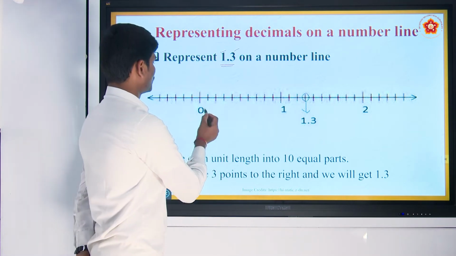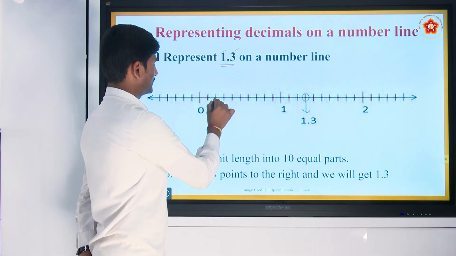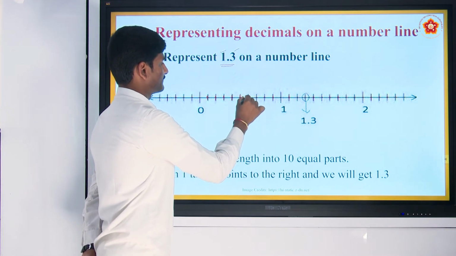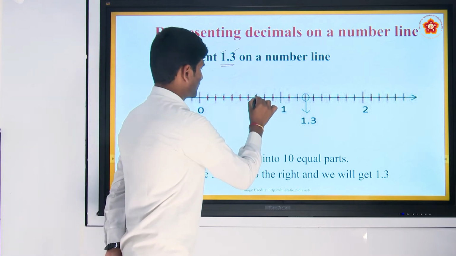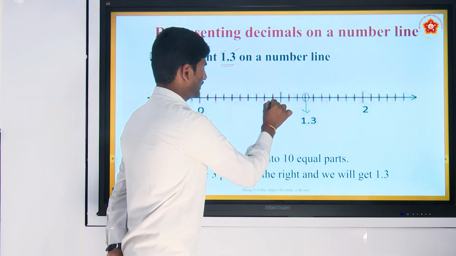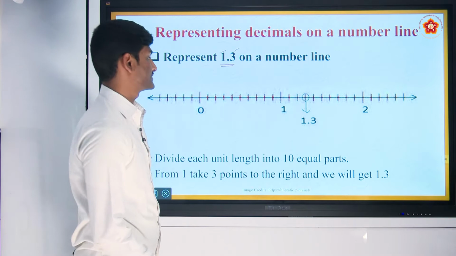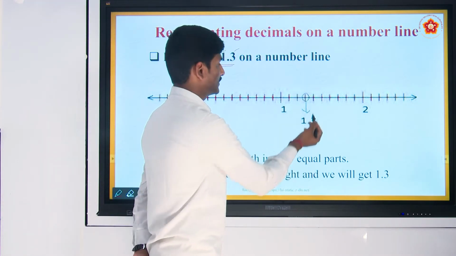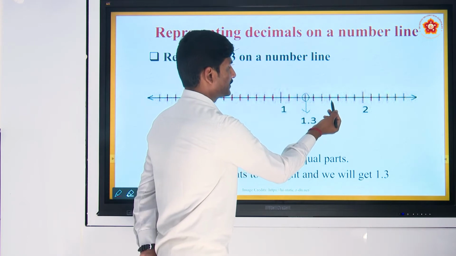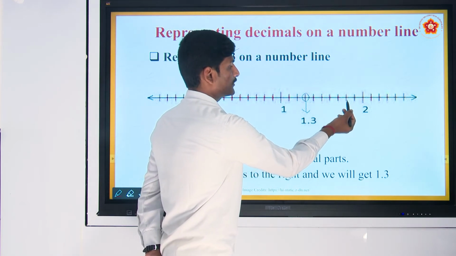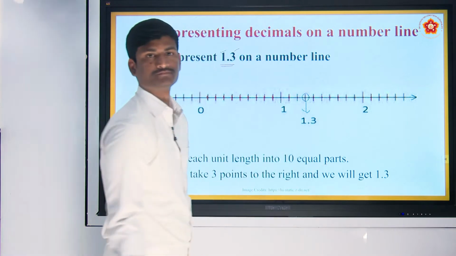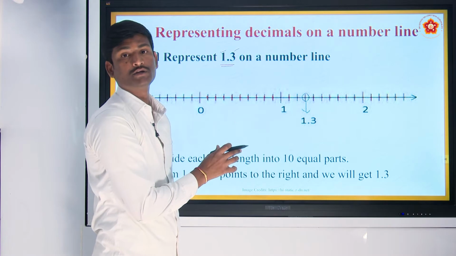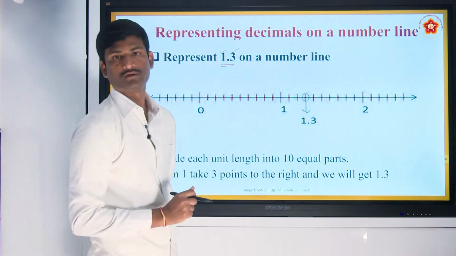Here 0 is 0.1, 0.2, 0.3, 0.4, 0.5, 0.6 and 0.7, 0.8, 0.9, 1. Like that, same as 1.1, 1.2, 1.3 and 1.4, 1.5, 1.6, 1.7, 1.8, 1.9, 2. Like that, each unit length is divided into 10 equal parts.